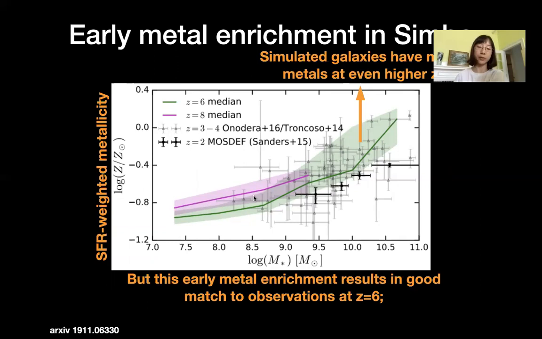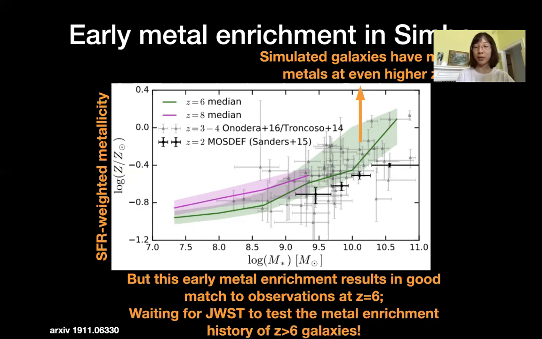However, we also recall that the simulations actually are in a good match to the observations at redshift 6. So it is possible that the universe really experienced this early metal enrichment. So to answer whether this early metal enrichment history is really possible, we do want to wait for the GWST observations to give us the answers.